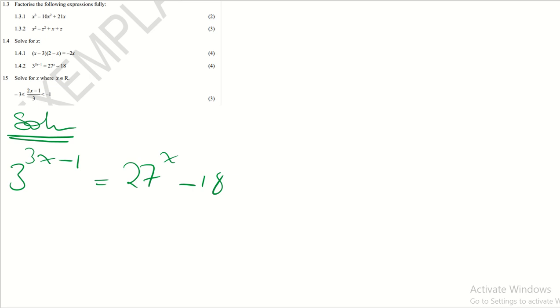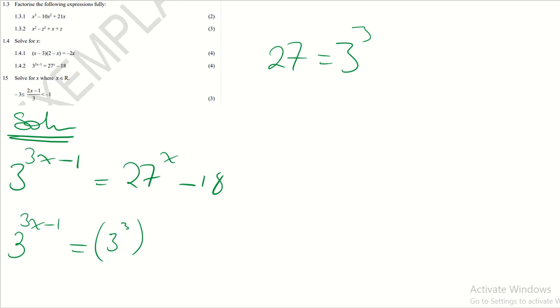So what do we do now? We're going to have 3 to the power 3x minus 1 is equal to, remember, 27 is the same as 3 to the power of 3. 27 is the same as 3 to the power of 3x, this x, minus 18 is the same as 2 times 9.